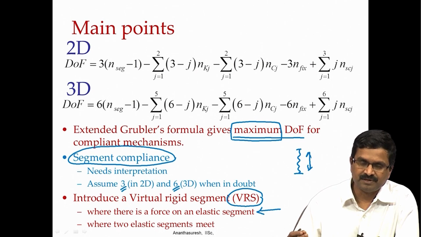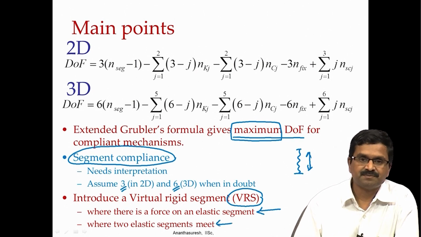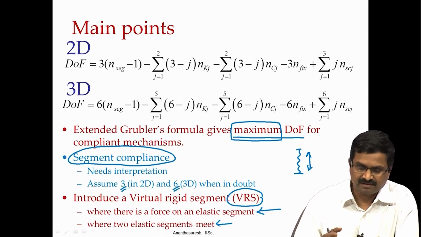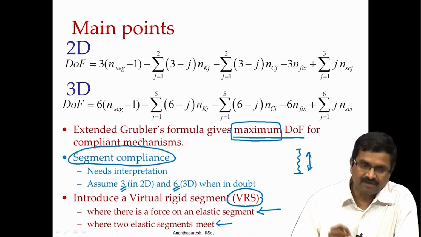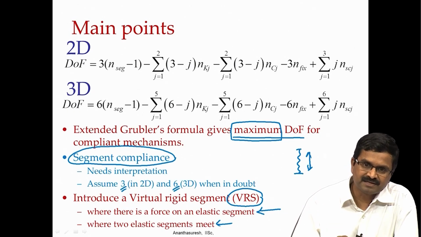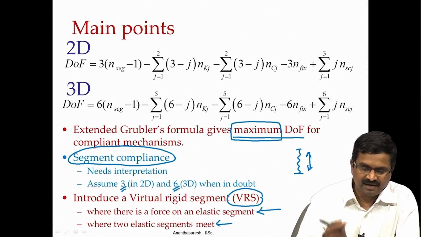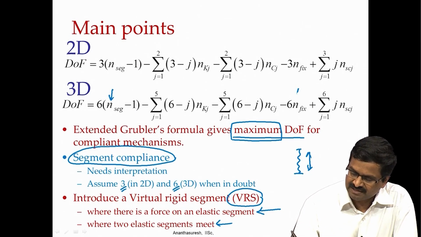interpret degrees of freedom properly, and then you would also use a VRS when two elastic segments meet. We have taken an example to illustrate that. Okay. You can also take a VRS when an elastic segment connects to a rigid segment, but mostly it will be unnecessary. When you do that, you will introduce a fixed connection and a segment. So, the segment is 6 with a positive sign, the fixed connection with a negative sign.